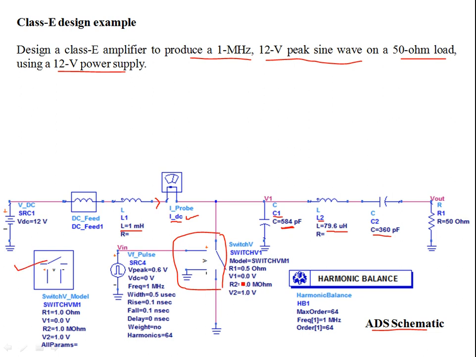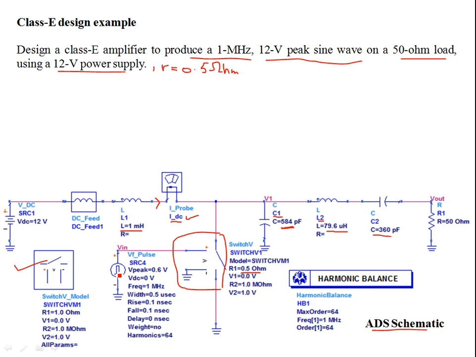I've set the resistance R1 to 0.5 ohms. There was another specification that the on resistance was supposed to be selected as 0.5 ohms. So the switching resistance is 0.5 ohms for efficiency of around 100%.